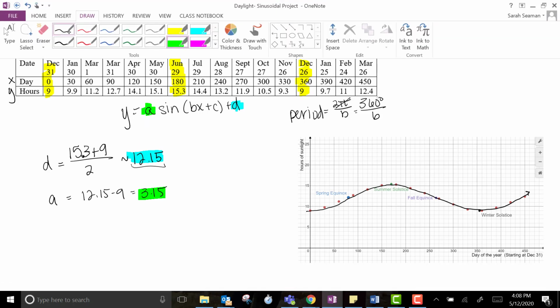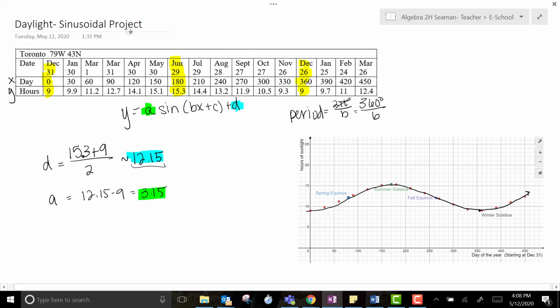Now, the rest of this gets a little bit tricky. I know that my B value is based on how much I changed. So I know that 360 divided by B needs to equal 365, because there are 365 days in one year.